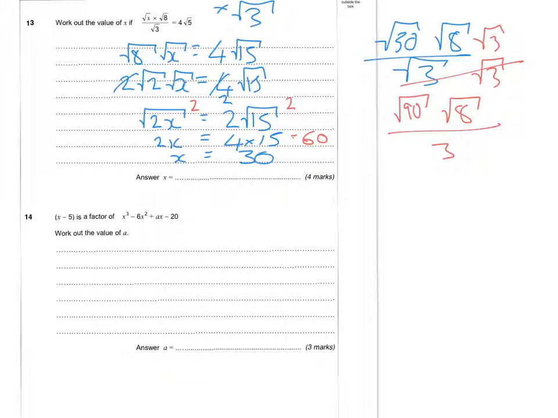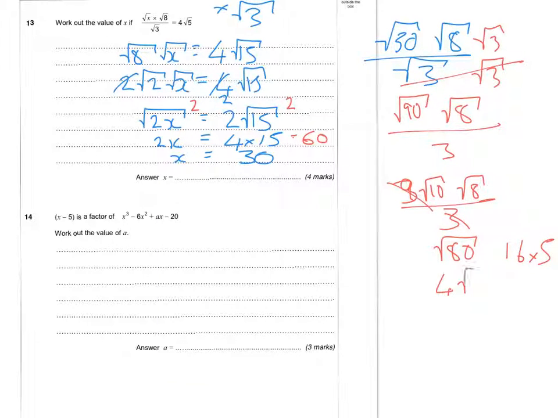Root 90 is 3 root 10. Root 10 root 8 over 3, the 3s cancel out, so we get root 80. 80 is 16 times 5, so 4 root 5. Cool, that worked. Fine.